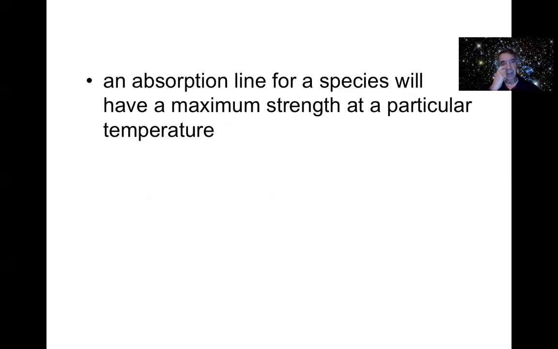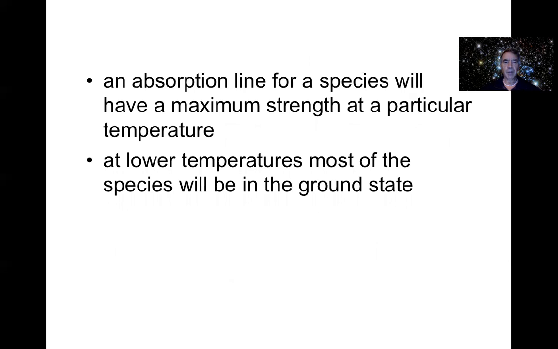Okay, so bearing that general idea in mind, an absorption line for a particular species, so we might focus on the hydrogen atom, will have a maximum strength at a particular temperature. If you think about low temperatures, then the electrons will mostly be sitting around in the ground state.